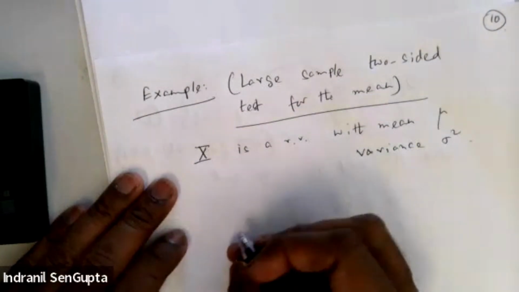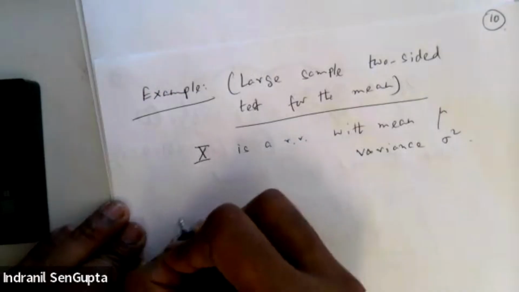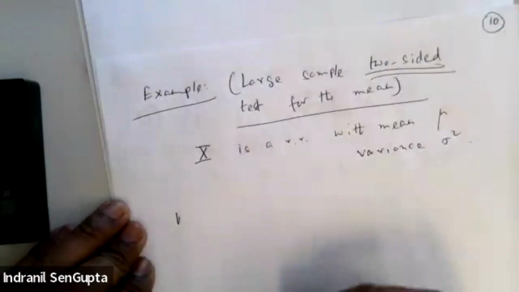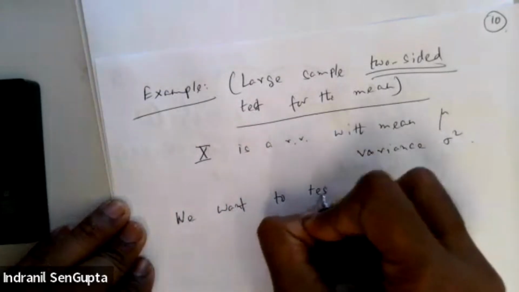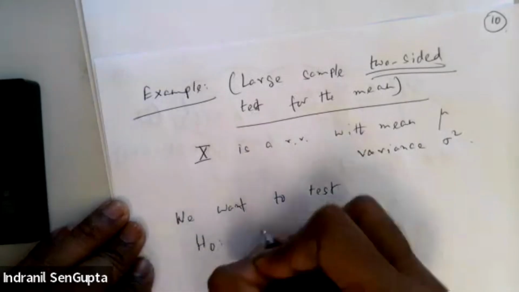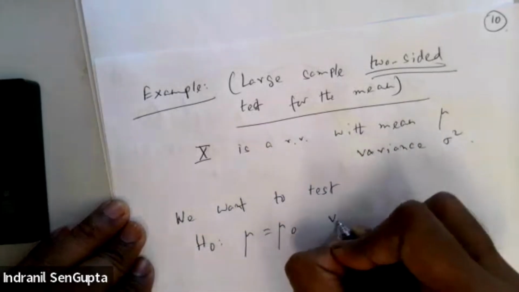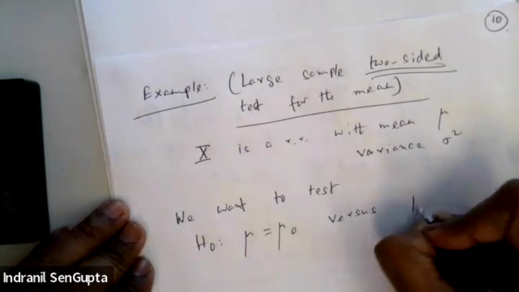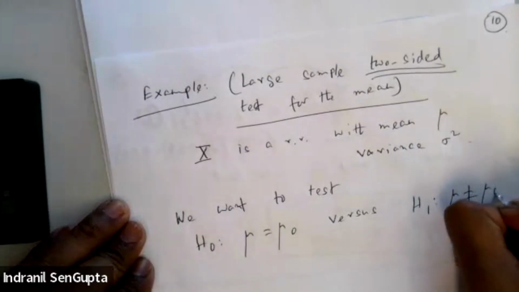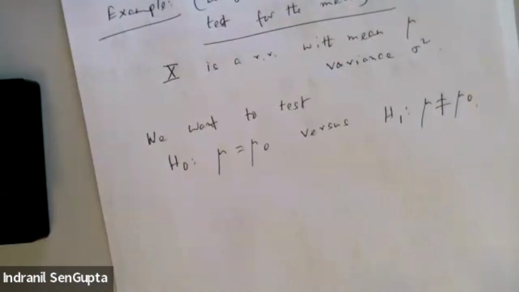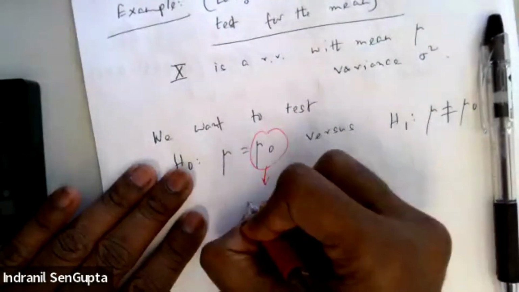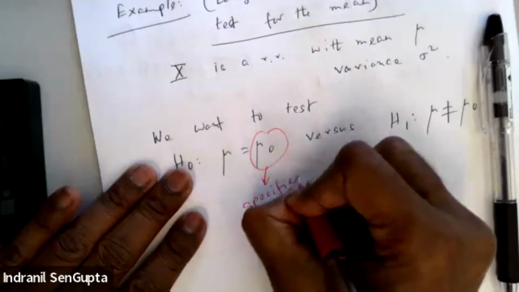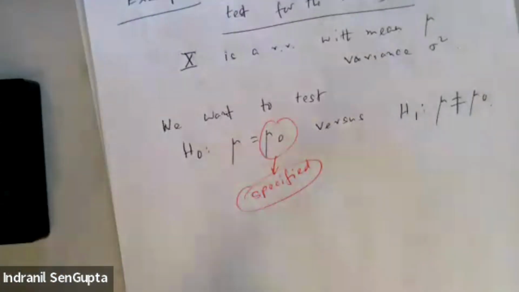Okay. We want to test a two-sided test. So we want to test H0, which is the null hypothesis, mu equals mu 0, versus H1, mu is not equal to mu 0, where this mu 0 is specified before. It may be a number, say 5, 20, 25, whatever.